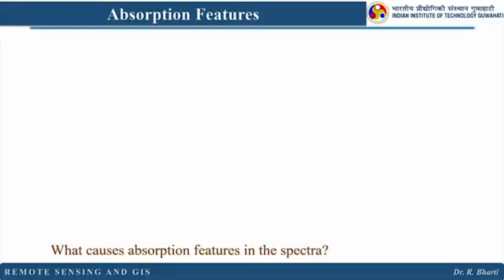So let us understand what causes absorption features in the spectra. As I told you, the internal atomic structure and composition control these absorption features. How much energy they will absorb at a particular wavelength is decided by the composition and the internal atomic structure, right.